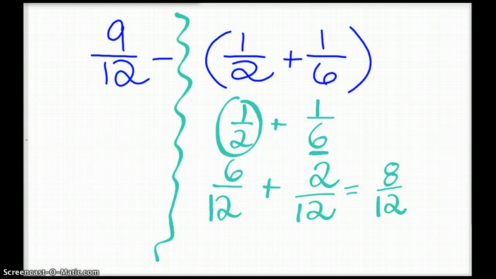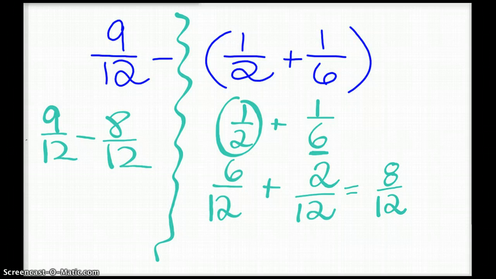No, because I had up here that I was subtracting 9/12ths minus our answer we just got, 8/12ths. So raise your hand and tell me, what is our final answer going to be for this problem, Cole? 1/12. That's easier than I thought.